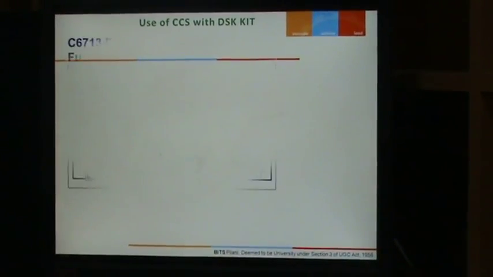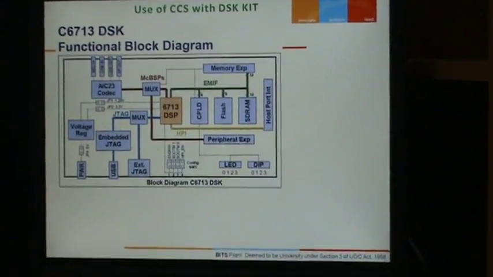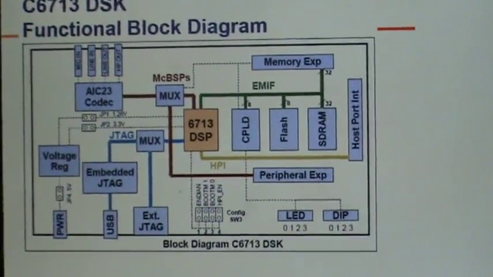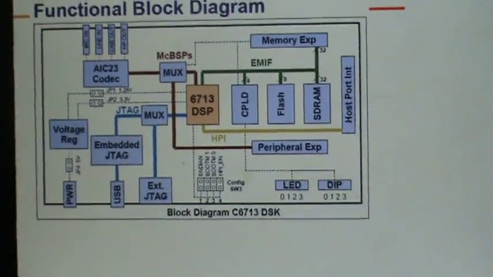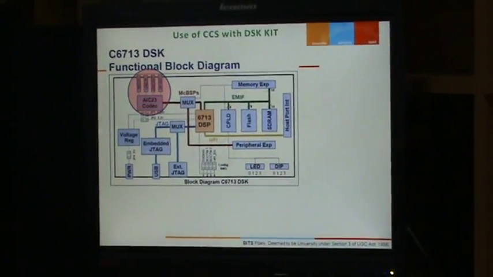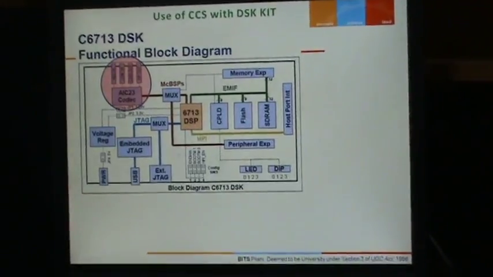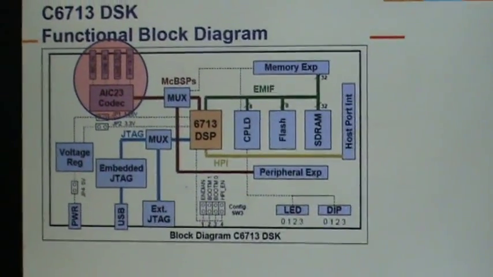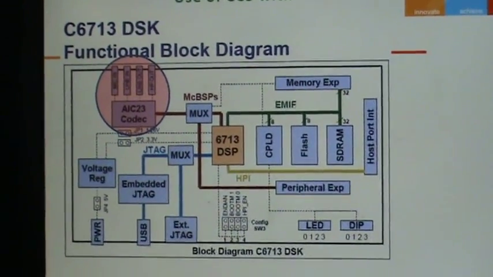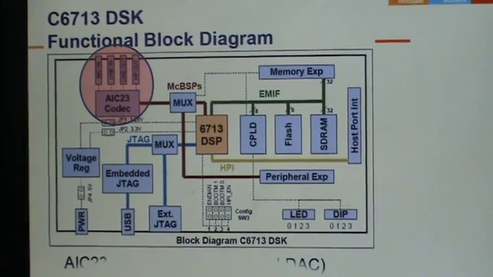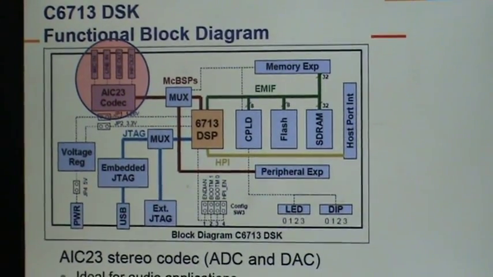Before going to that, let us discuss a little bit regarding the DSP kit. I hope I am not putting an obstacle in the path of the camera. Okay, fine. This is the 6713 DSP kit. You can see there is a codec available, which is called the AIC23 codec in 6713, which has 4 lines: mic in, line in, mic out and line out.